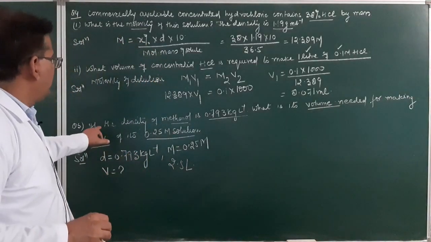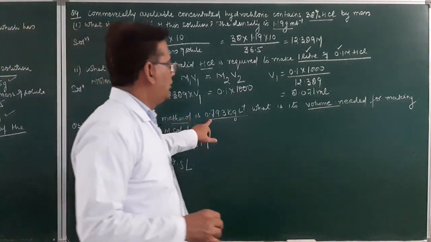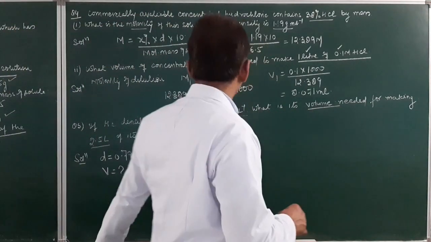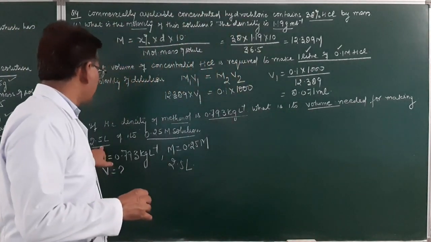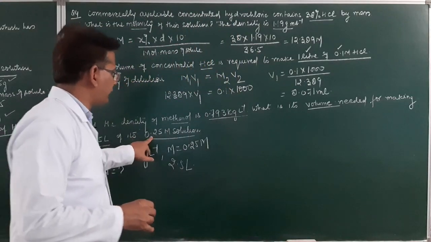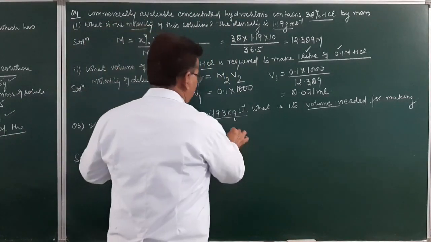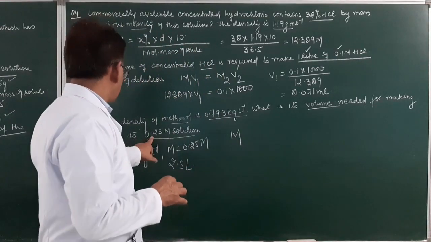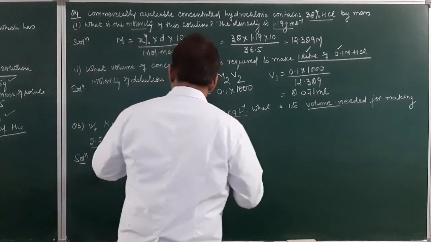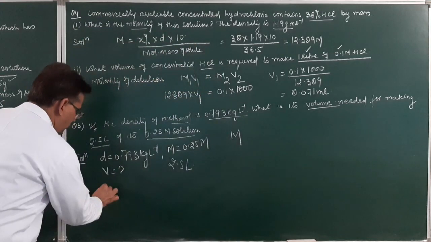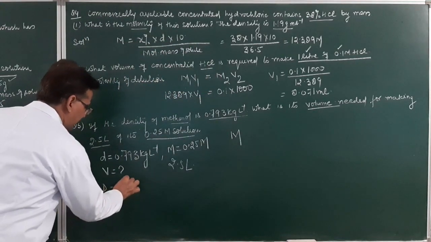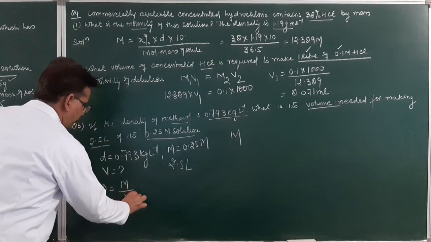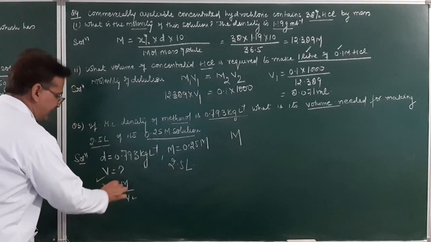Am I clear? If the density is this, what is the volume needed for making 2.5 liter of its 0.25 molar solution? Just see, density is equal to mass per unit volume. Density is given.